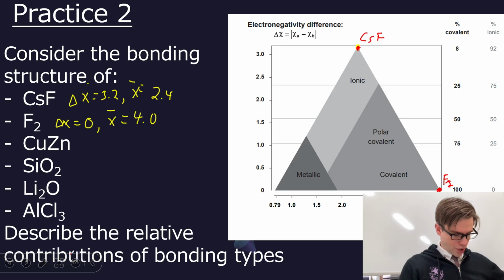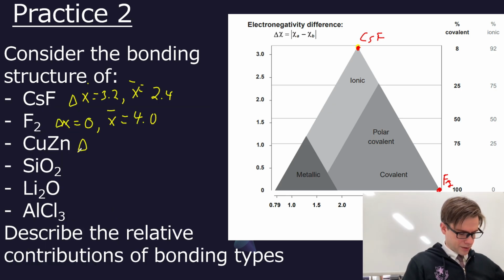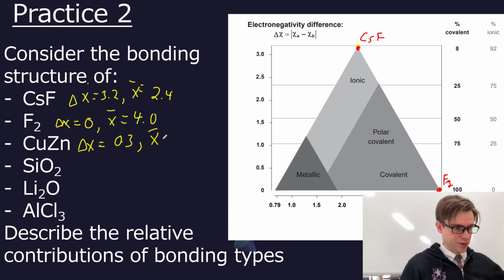Next interesting one, copper with zinc. This will be some kind of alloy, mixed metals. So delta X between copper and zinc, I think, is pretty low. Zinc 1.6, copper 1.9, so delta X 0.3. And then average will be right in between those, 1.75.